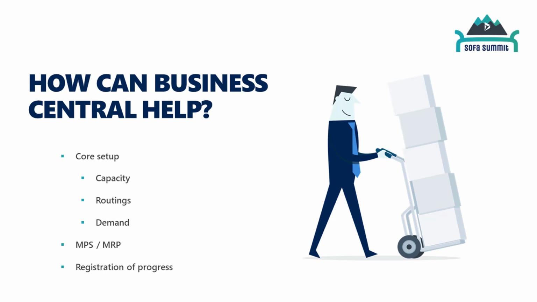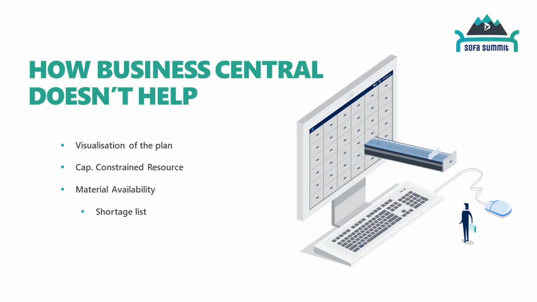Where Business Central doesn't help, it's not a particular visual tool. If you've ever run the planning worksheet or the requisition worksheet, you get a big list of data. It's not kind of how the human brain absorbs information very well. There aren't many screens where you can really say, okay, what's my plan?